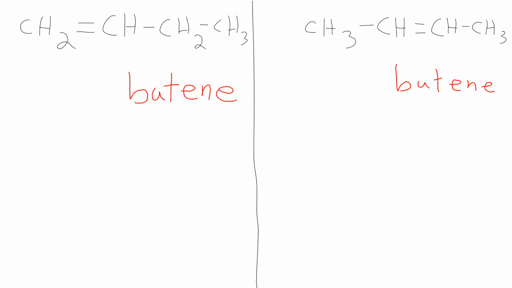So for a lot of the functional groups, alkenes included, we're using numbers not just for branch locations. We need to describe where that interesting feature is in the molecule. Where is that functional group? And for us, the functional group for alkenes is that carbon-carbon double bond. So we're going to number the molecule. For the molecule on the left, going left to right in red, 1, 2, 3, 4.